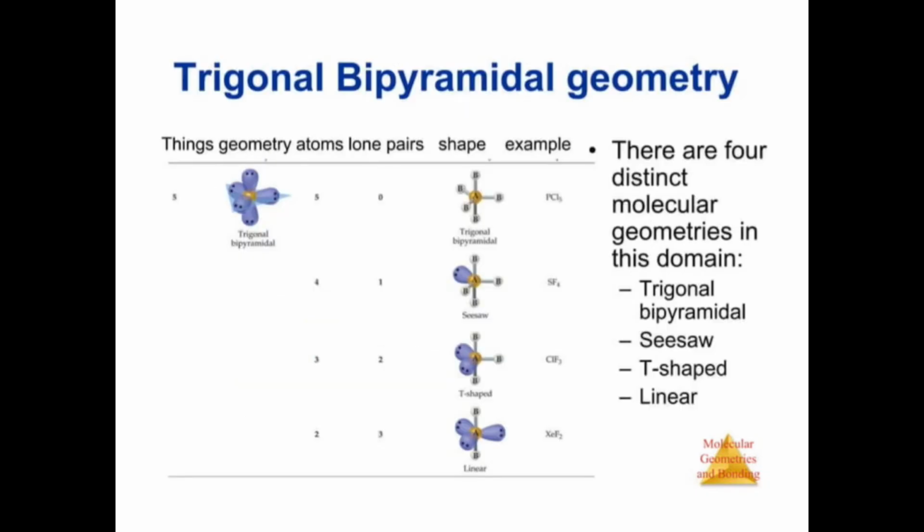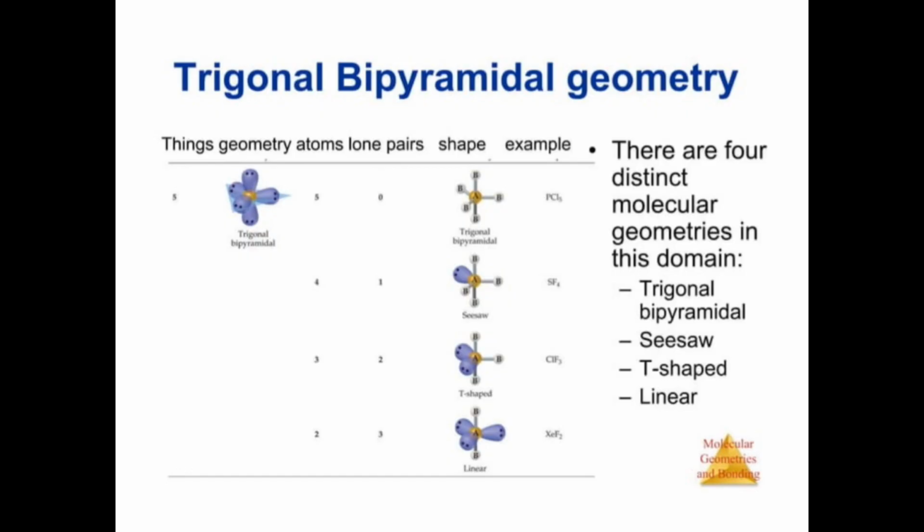Now let's look at it. For a trigonal bipyramidal geometry, for instance, the things are 5, like we have said. The geometry is trigonal bipyramidal. When we have 5 atoms and 0 lone pair, you are going to have trigonal bipyramidal. An example is PCl5. When you have 4 atoms with 1 lone pair, you are going to have a seesaw. Now for that seesaw, an example is SF4.